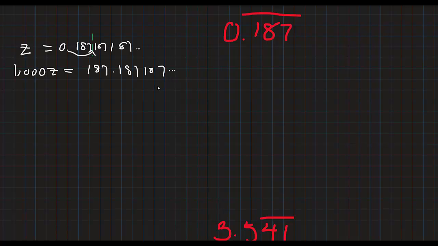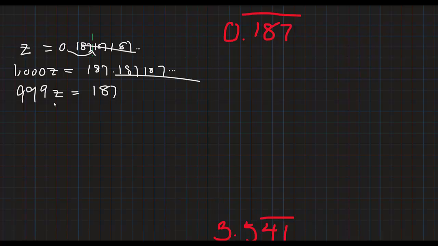Now we subtract 1z from both sides. So on the left side we have 999z, and on the right side we subtract this part from this part, and these two repeating decimals cancel out, so we have 187.